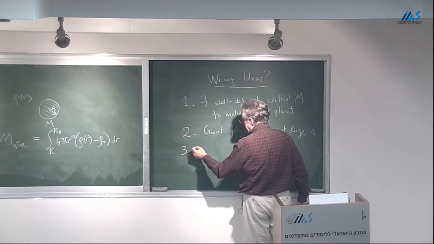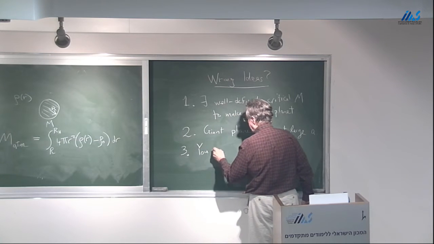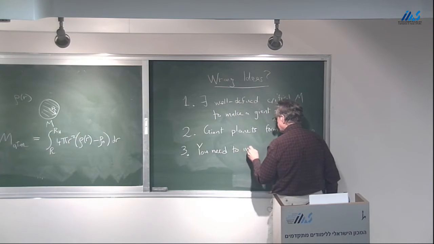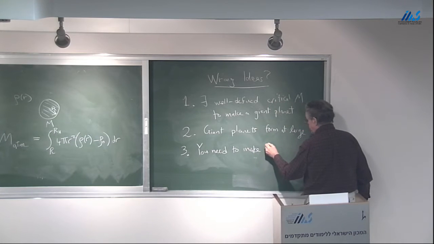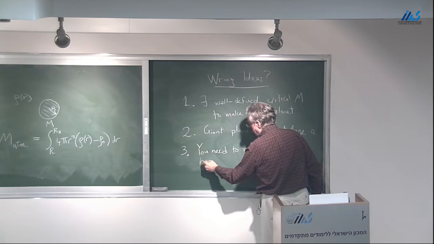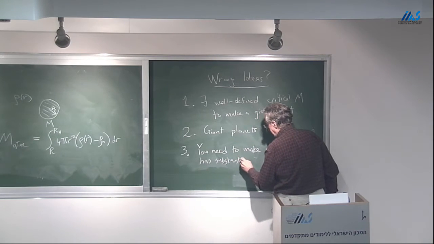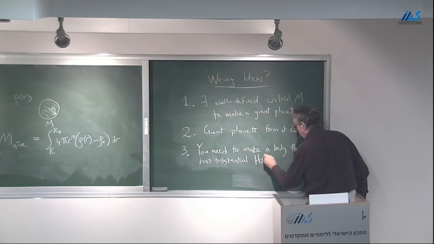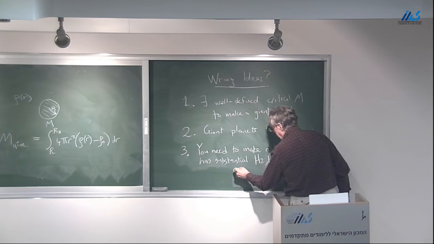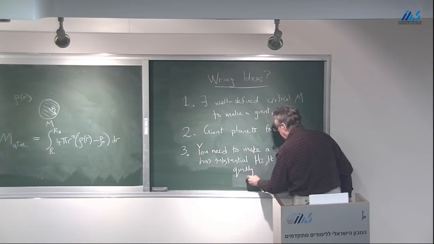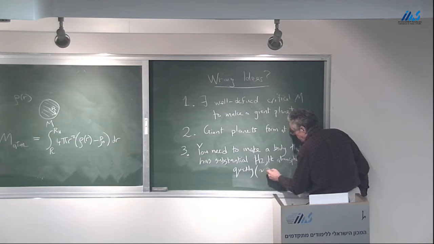Statement number three is you need to make a body that has a substantial hydrogen and helium atmosphere quickly. Now, quickly means of order a couple of million years. Like, 2 or 3 million years.